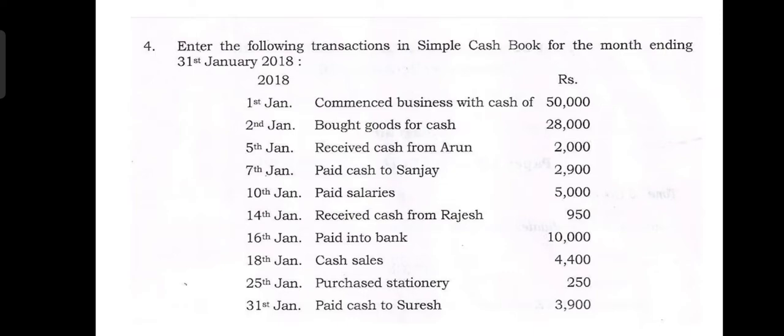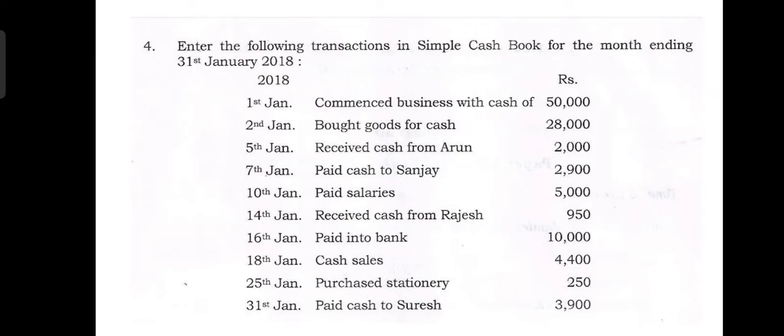So cash book plays a dual role. It is cash book also, cash account also. One more cash account we are not going to prepare. So cash which is actually received from any person belonging to any period for any reason should be recorded under receipts side.